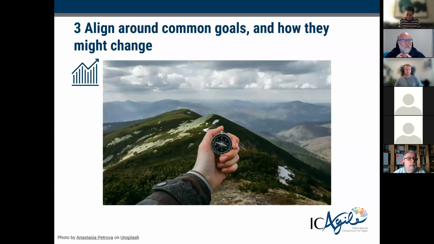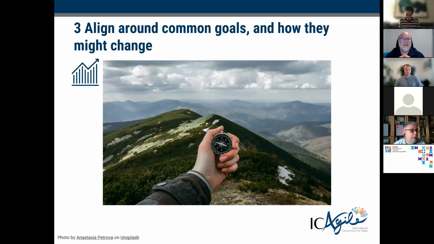Align around common goals and how they might change. This true north that guides strategy is conveyed as a set of business outcomes spaced across different time horizons. The goals are expressed and communicated in clear, measurable terms to make the strategy implementable.